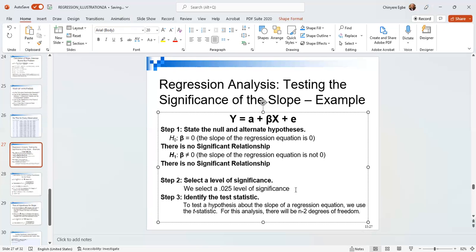And so our z star, the critical z, which we have talked about before, equal to 1.96. Look that up in the table. I think we went through how to identify that. So we identified the test statistic.